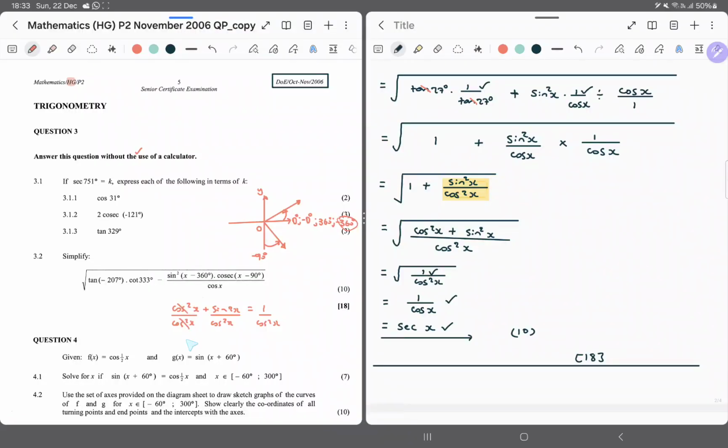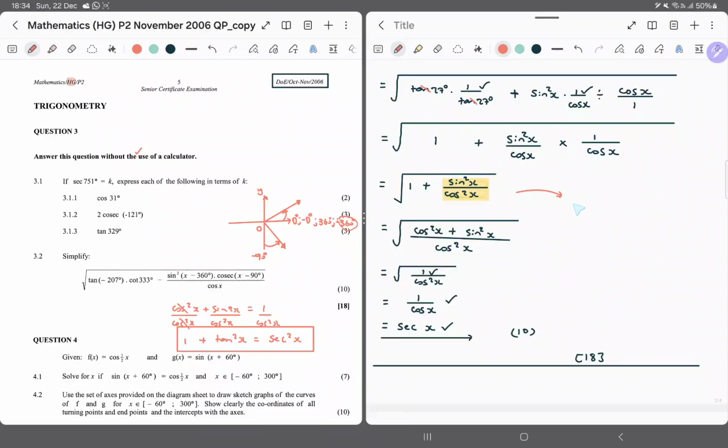So this one goes, we get 1 plus 10 squared x. Then 1 over cos squared is going to be sec squared x. Right. So literally, even if you diverted here, it would still work out, as long as you know your identities, guys. So meaning you need to know stuff.